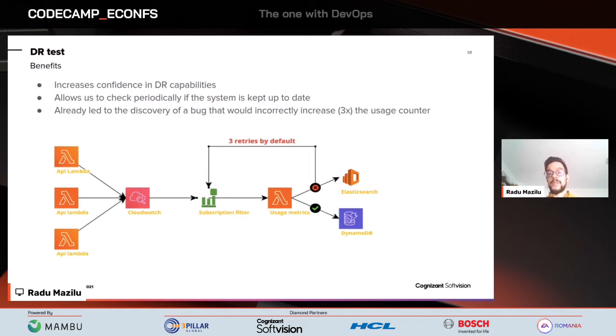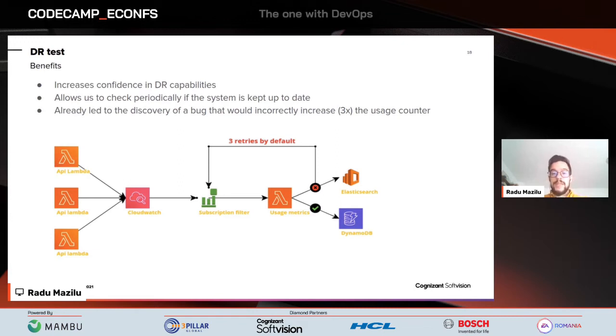That was expected because I knew there was a problem with Elasticsearch when I ran that. But in DynamoDB, there were 3,000 requests. So that was interesting. That meant in a real case scenario that we would bill the clients of our clients 3 times as much. So it's kind of a big issue.